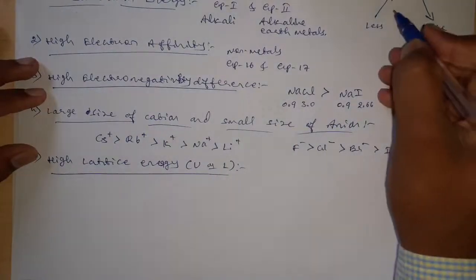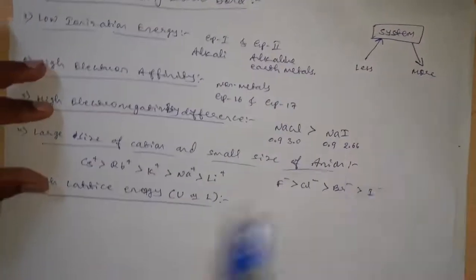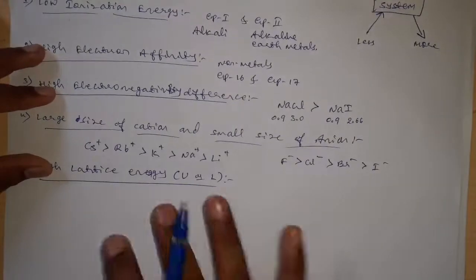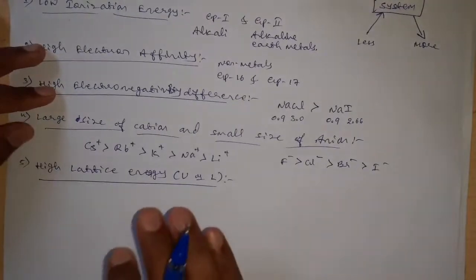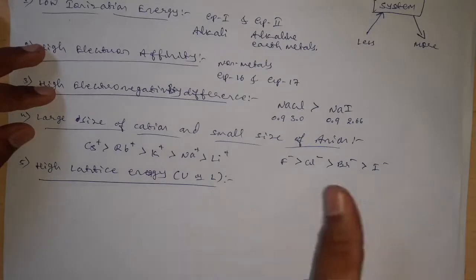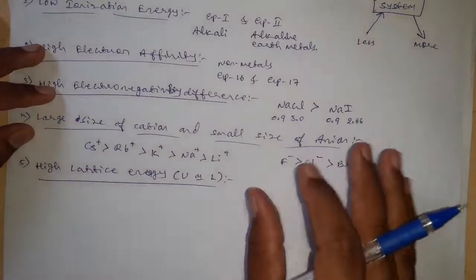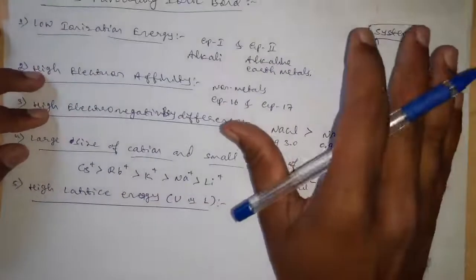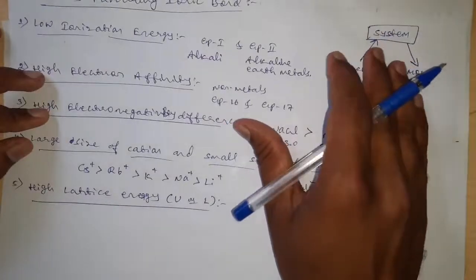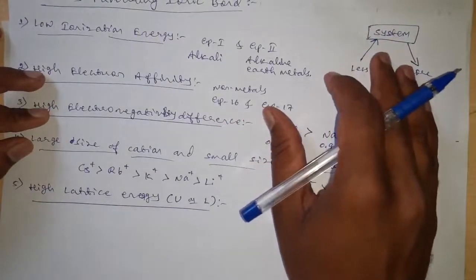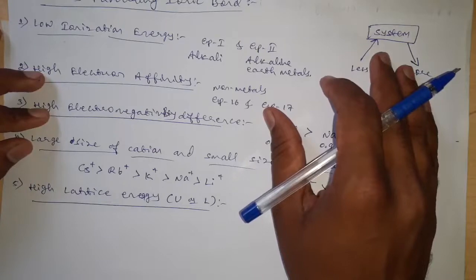And as we have discussed here, this is also an energy releasing process, and here we should release as much energy as possible to get a system with less energy. Therefore, the system will gain stability.